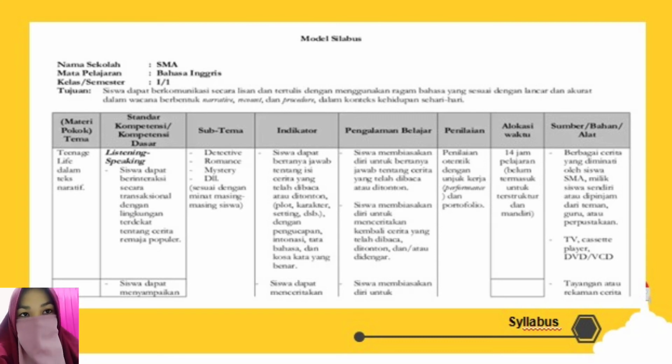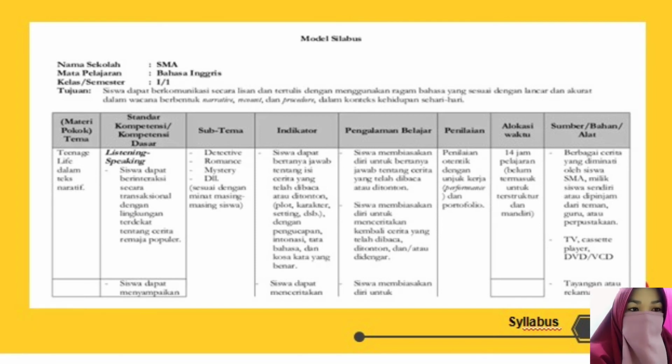So the standard competency or basic competency is listening and speaking, and the subtheme we can say is mystery, or detective, or we can say romance.